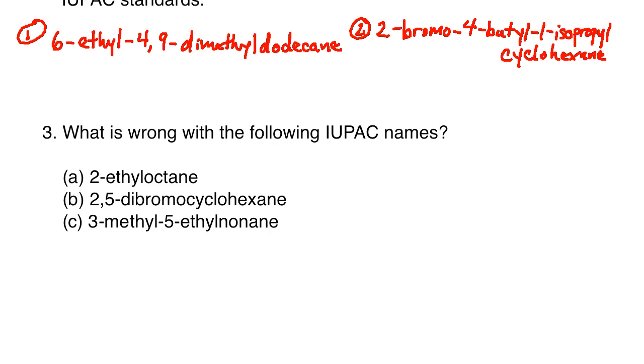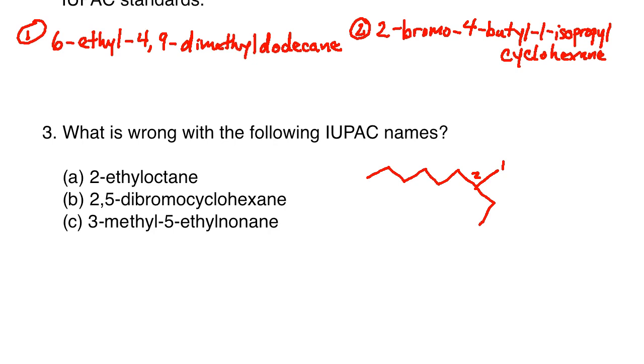All right, so hopefully everybody had a chance to do that. So starting with A, if we have octane, which I'm going to draw out here, 1, 2, 3, 4, 5, 6, 7, 8. And then we have in position 2, so here's 1, 2, we have an ethyl group. Okay, so what's wrong with calling this structure 2-ethyl octane?